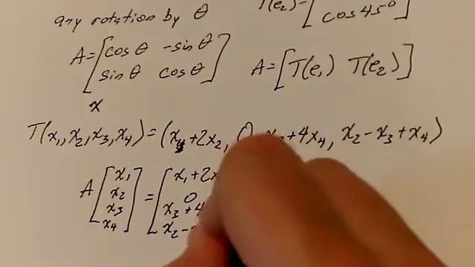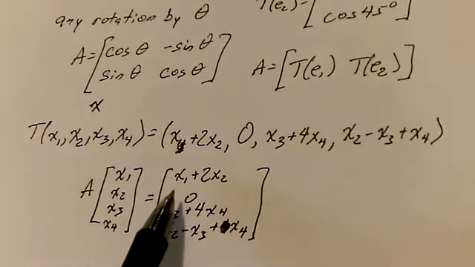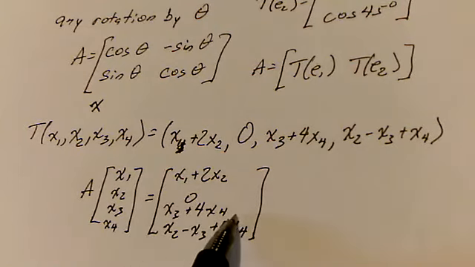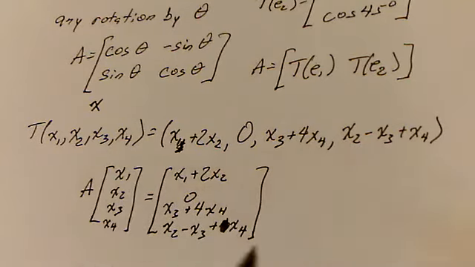Oh, I wrote x4, not 4x4. Okay. So as I look at this matrix then, these are actually the rows of a linear system. Okay. I would be augmenting these rows with this vector.